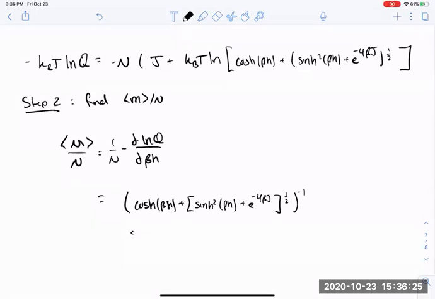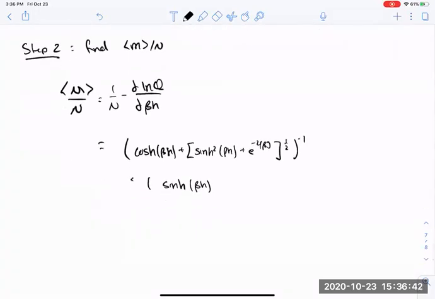Now the derivative of hyperbolic cosine is hyperbolic sine. The derivative of the square root of hyperbolic sine squared plus that constant: the derivative of hyperbolic sine squared is sine times its derivative, hyperbolic cosine.